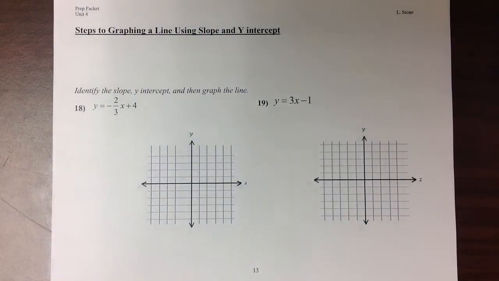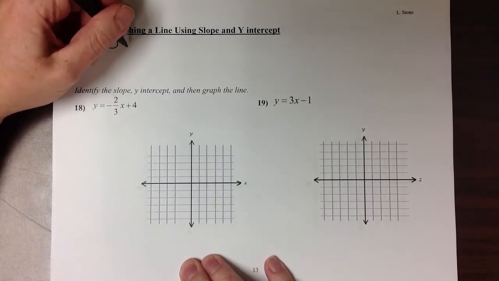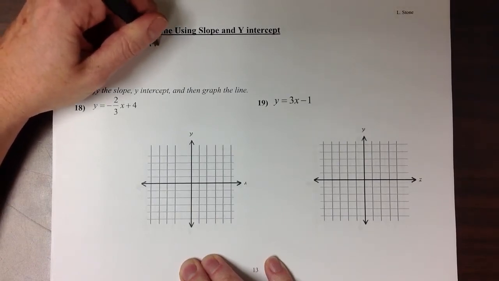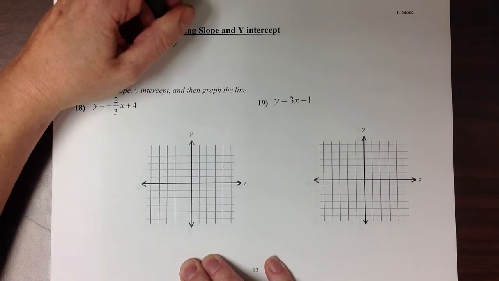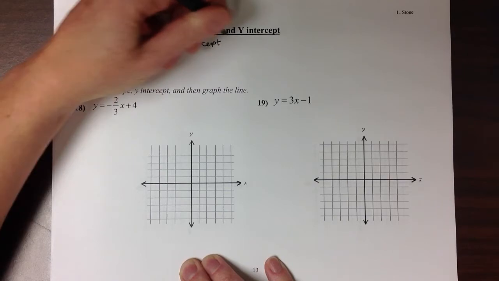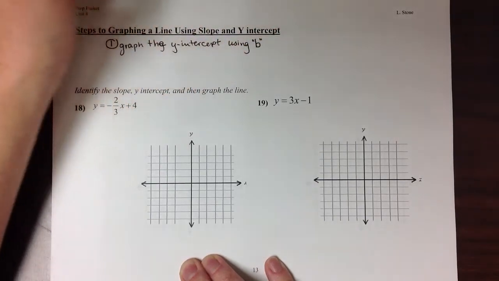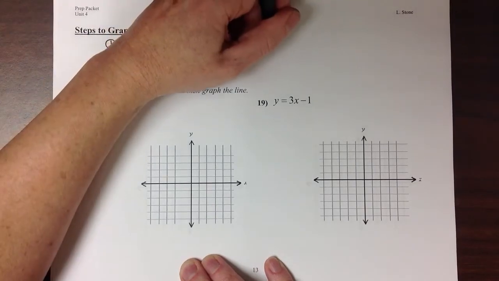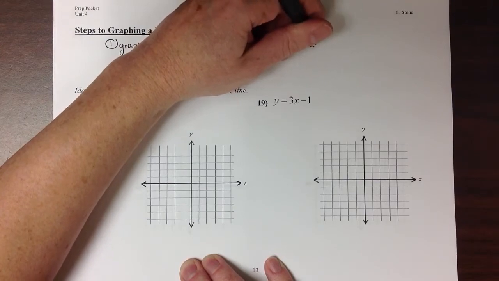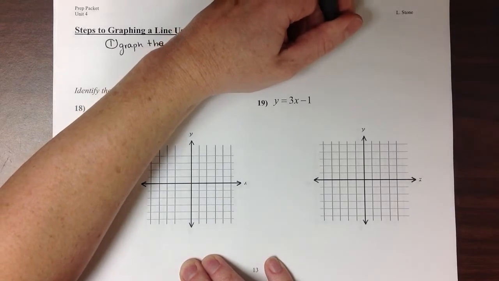The steps that we're going to use: the first thing that you will do is graph the y-intercept, using b, whatever number is in place of the b, as the value for y.